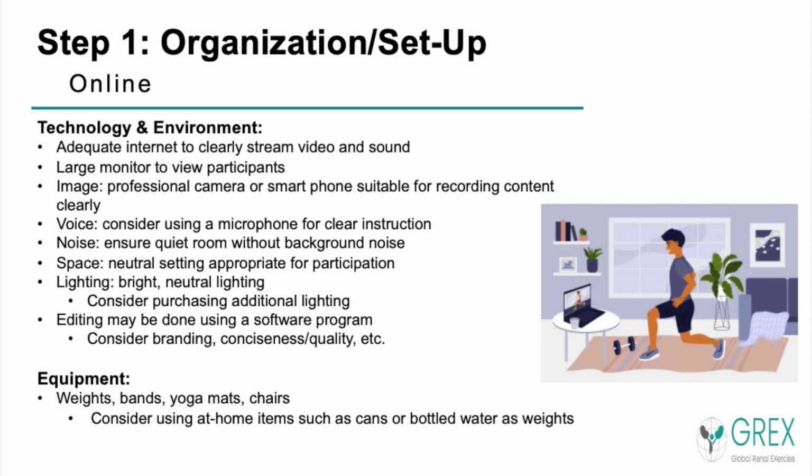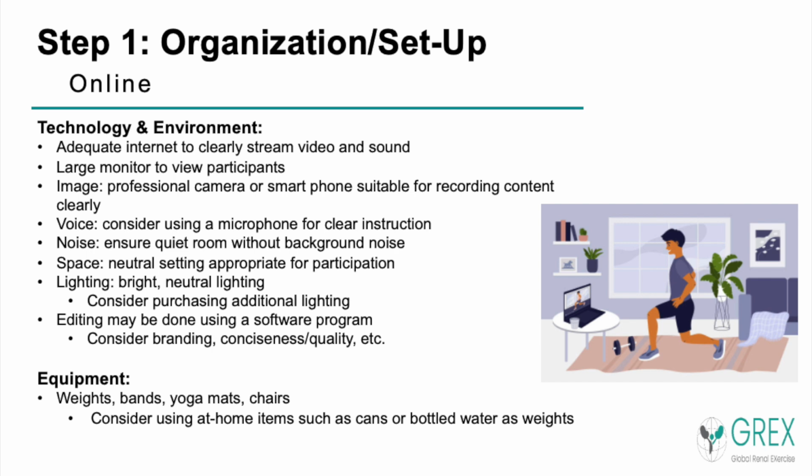It's important to either have a professional camera or a smartphone that is suitable for recording the content and ensuring that there's adequate storage, as both the video and audio content together create quite large files. Editing of videos can be done either using a software program or it can be done by a professional.